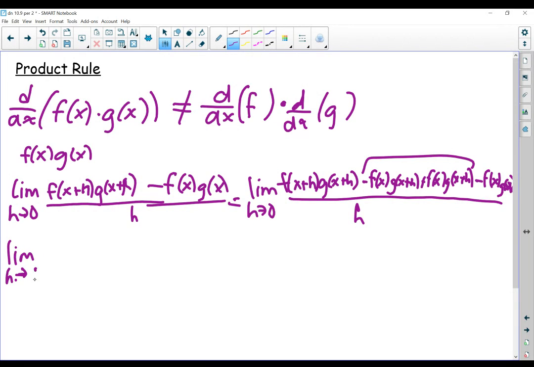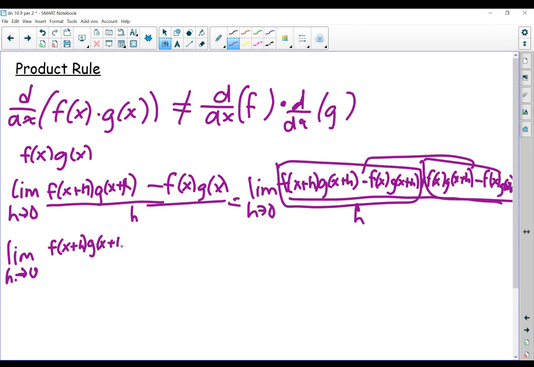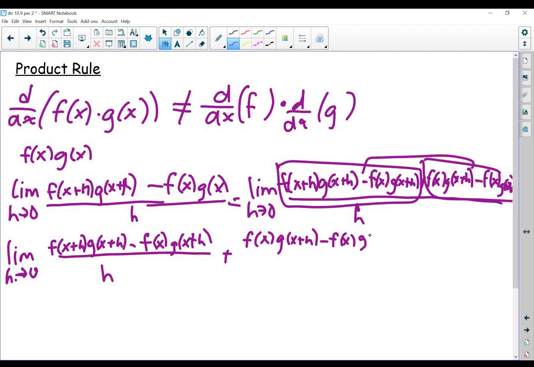If I break this up, I'm going to break this into 2. I'm going to treat these 2 as 1 and these 2 as 1. So if I do that, I would have the limit of f of x plus h, g of x plus h, minus f of x, g of x plus h, over h, plus f of x, g of x plus h, minus f of x, g of x, over h.